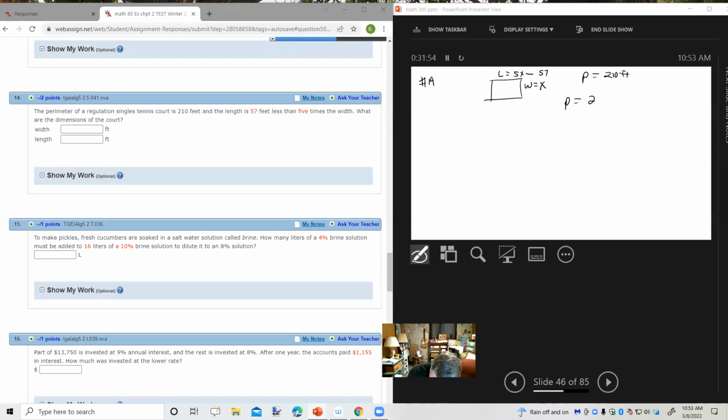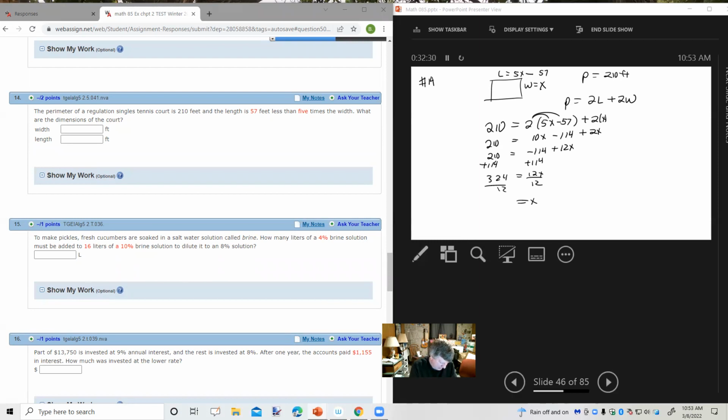Well, perimeter is 2 times the length plus 2 times the width. So 210 equals 10X minus 114 plus 2X. Combining like terms, negative 114 plus 12X. We'll add 114 to both sides: 324 equals 12X. Divide by 12.